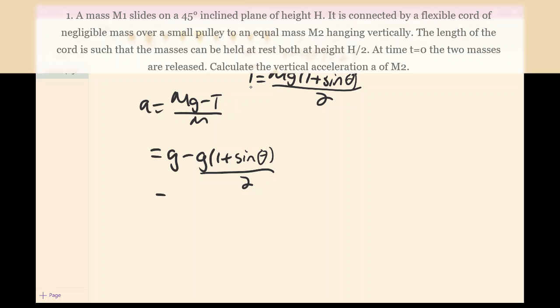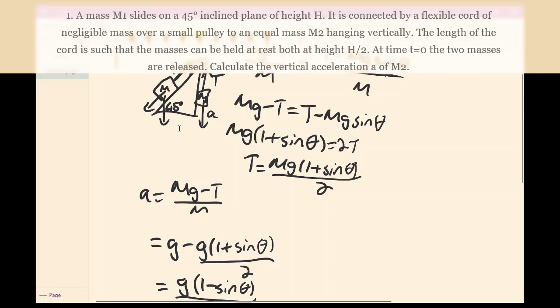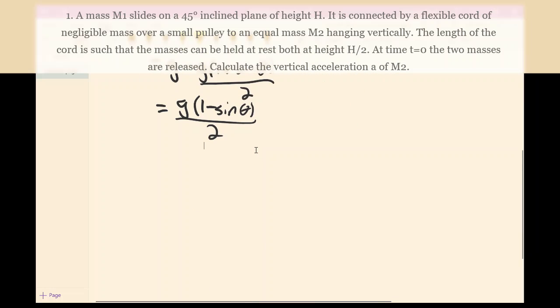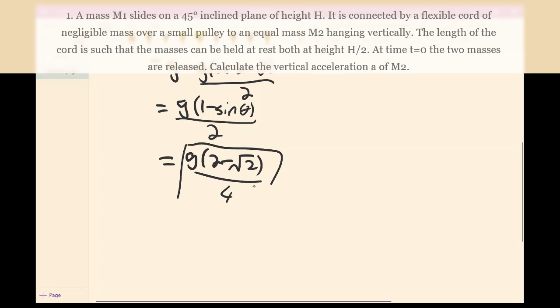And this is equal to g times 1 minus sine theta over 2. Since the angle theta is 45 degrees, sine theta is just equal to 1 over square root 2. So we plug that in, and we get g times 2 minus square root 2 over 4. And so that is the answer to the first problem.